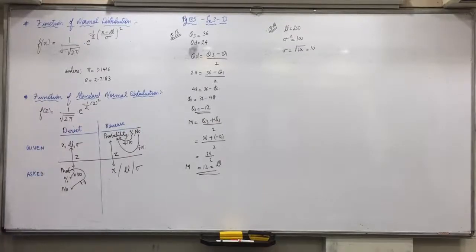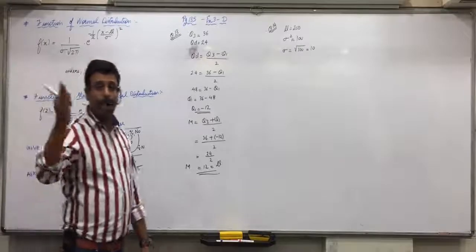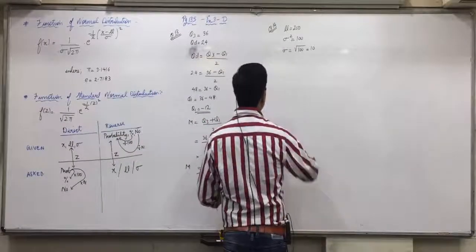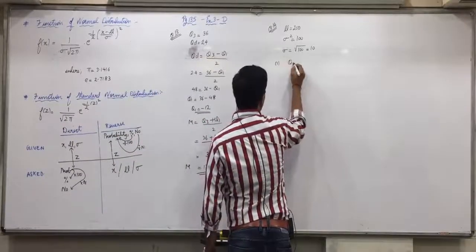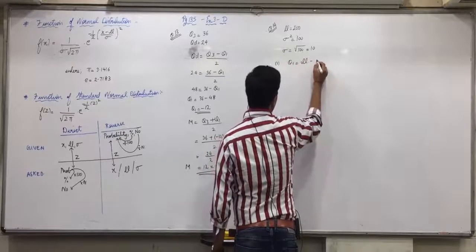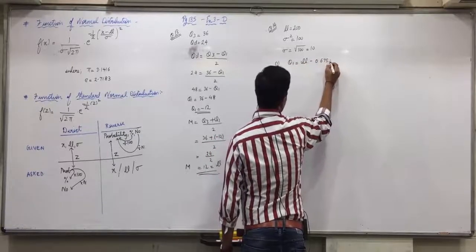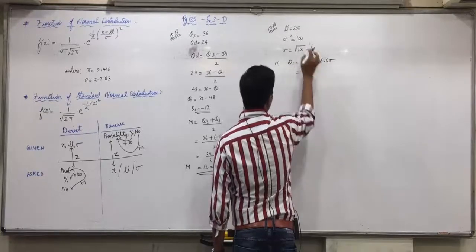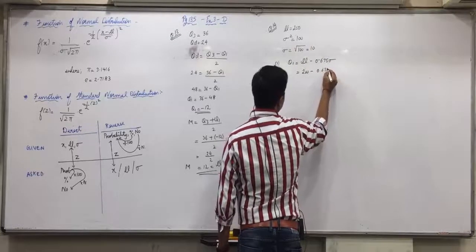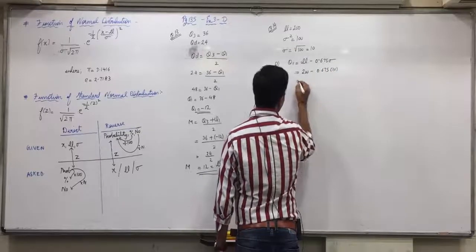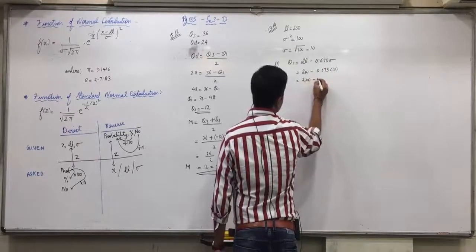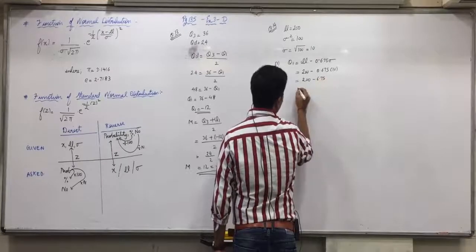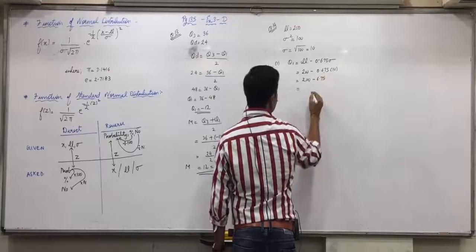Now first estimate the values of extreme quartiles. Formula property will be used. Extreme quartiles means Q1 and Q3. What is Q1's formula? Mu minus 0.675 sigma. So 200 minus 0.675 into 10, 200 minus 6.75.